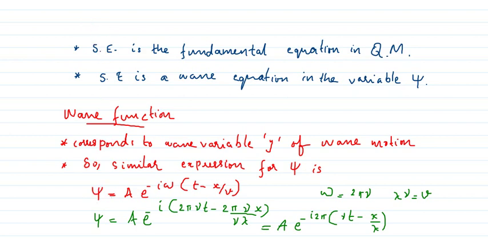So if I write it, it will be y is equal to a e raised to i omega t minus x by v. So this is the wave amplitude obtained from the wave equation of a wave propagating in the positive x direction.